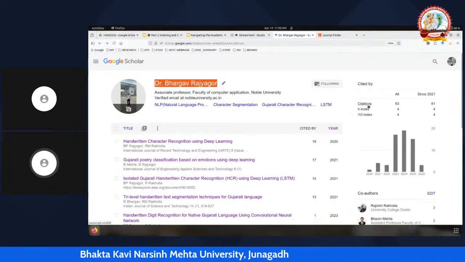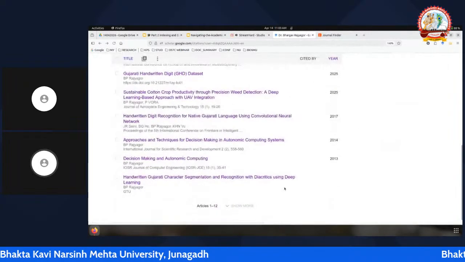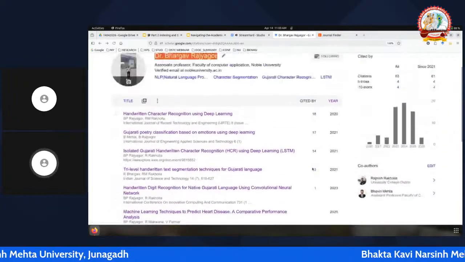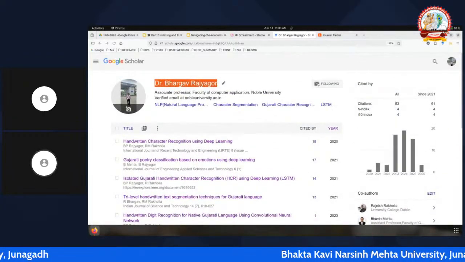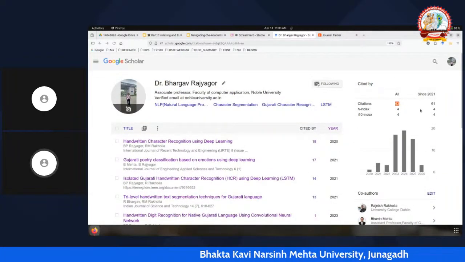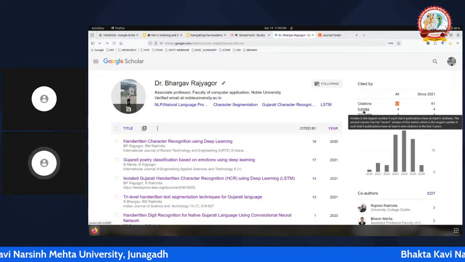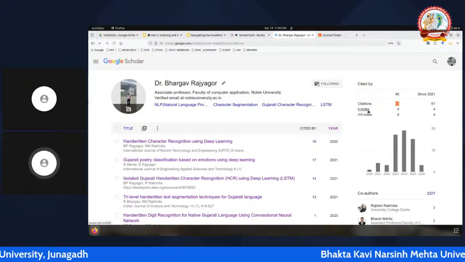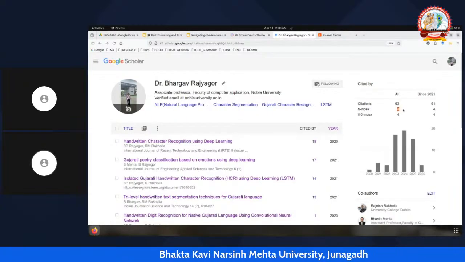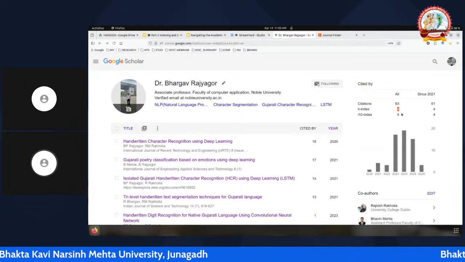What about the citations? That means whatever the papers, articles I have published, all the range of these articles, among these, I have received total 63 citations. What about the H index? That means whatever the citations I have, in all the papers have minimum 4 citations.